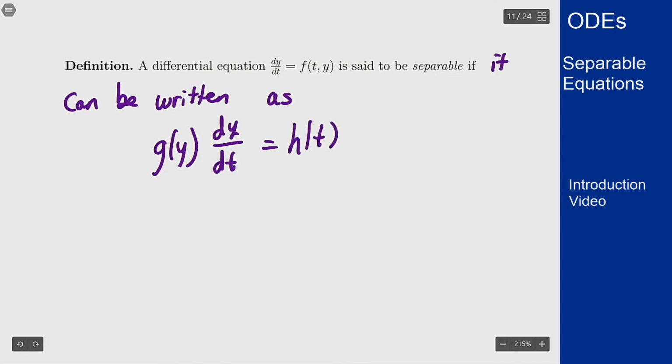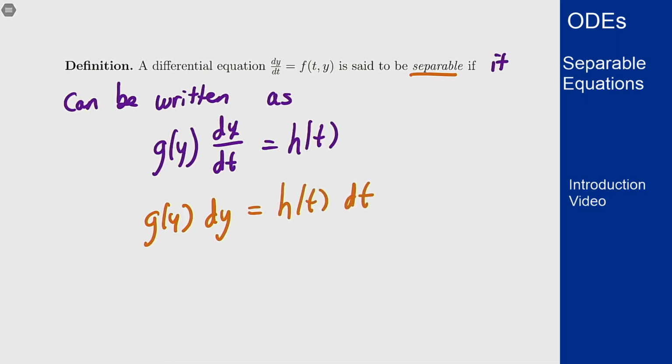Basically, if I can separate the variables to put the y's on one side and the t's on the other, that's why it's separable. If I can split them into two separate sides, we call it separable, and that's going to make things work. Because we can also write this as g of y times dy equals h of t times dt by moving the differential like we talked about before. And this makes us home free, basically, for these types of problems.